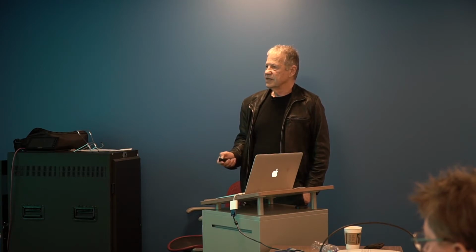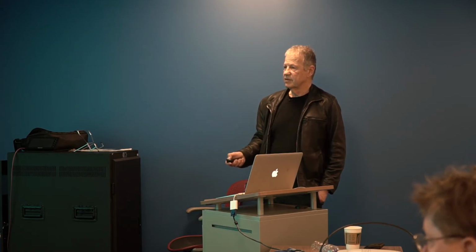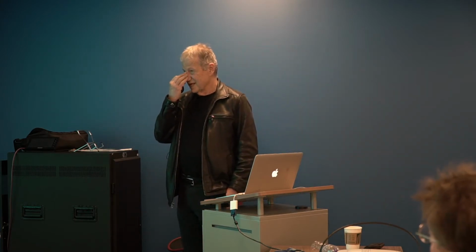It seems to me, though, that just writing this whole equation down again, these conditional probabilities refer really to a third super observer who measures L bar in the HT basis, and Wigner measures in the fail OK basis. And if that's the case, then of course, Wigner bar's OK/fail measurement outcomes are no longer determinately true or false.